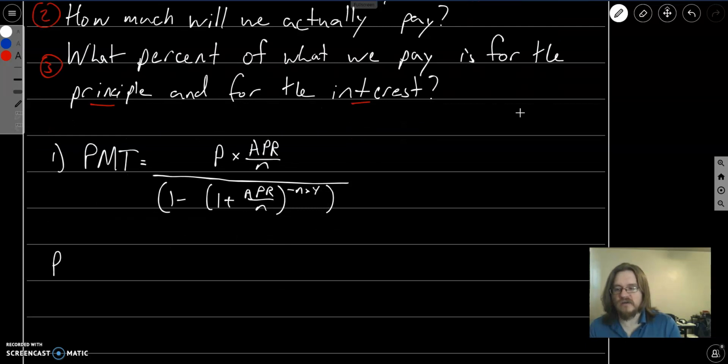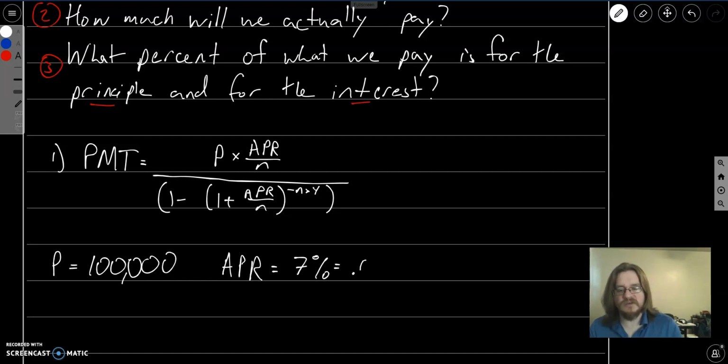We know our initial principal, our initial loan that we're taking out, was for $100,000. Our APR, our annual interest rate, is going to be 7%, which is the same thing as 0.07 when we write it as a decimal, as a number rather than as a percent.